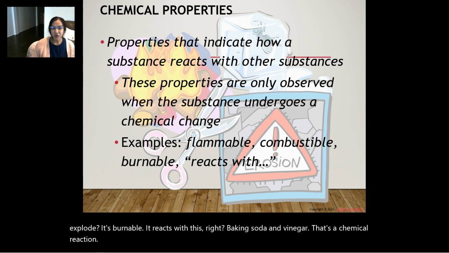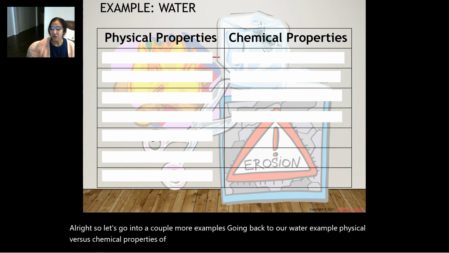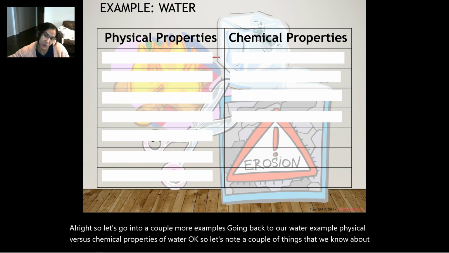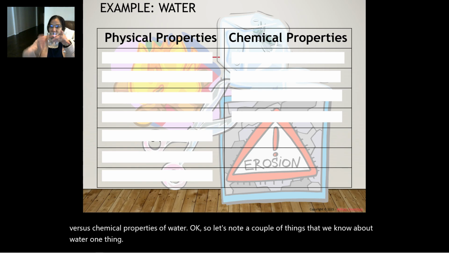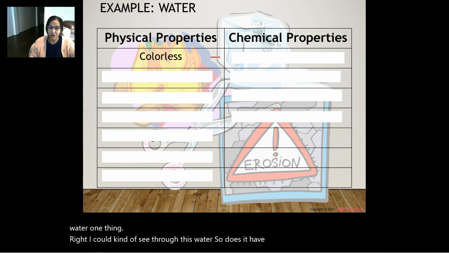All right, so let's go into a couple more examples. Going back to our water example, physical versus chemical properties of water. Okay, so let's note a couple things that we know about water. One thing, you're going to have water, right? I could kind of see through this water, so does it have a color? No, it's colorless.